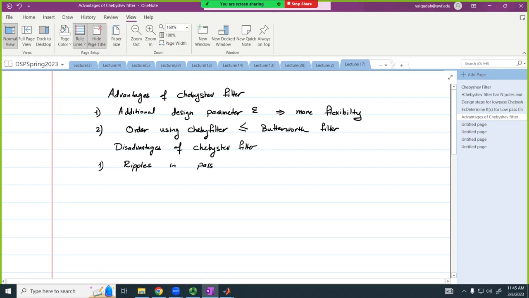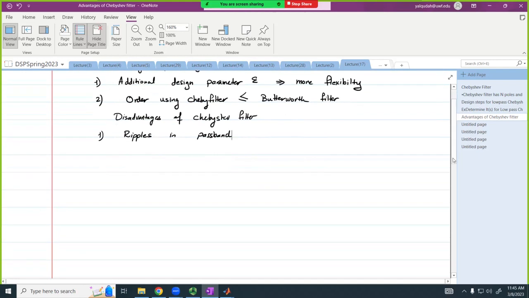So we have ripples in the passband, which, depending on the application, might be undesirable. And therefore, if the ripples in the passband are a problem, we can always design another filter, which is the Chebyshev type 2 filter.